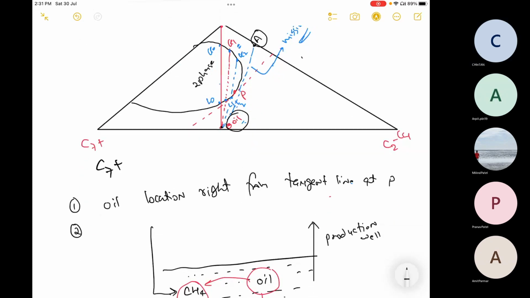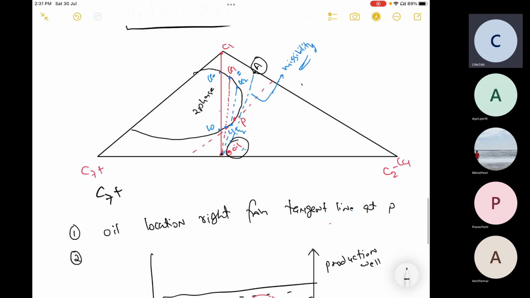Here the one thing we are observing is that the oil starts to change its mass composition. In another way, whenever my point is inside this zone, what I will achieve is vaporization drive, because in this zone there are chances.